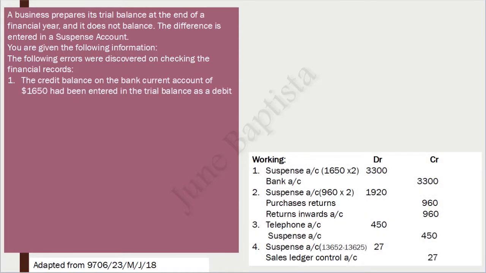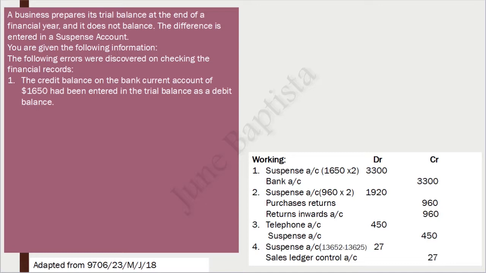Error number 1. The credit balance on the bank current account of $1,650 had been entered in the trial balance as a debit balance. Let us undo the wrong thing. As it was entered wrongly as a debit balance, we will credit the bank account $1,650.